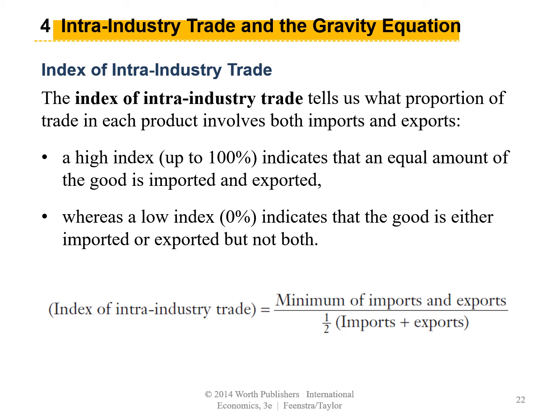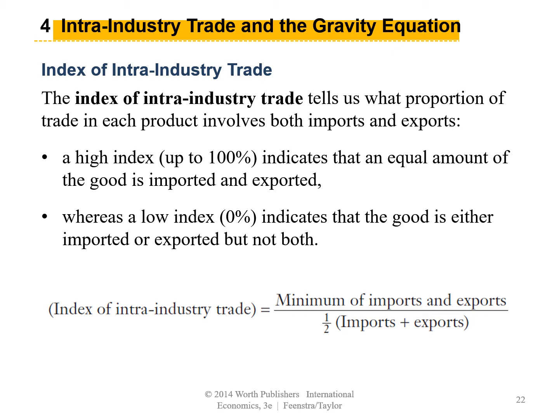So what we have in the numerator is the minimum of imports and exports, and the minimum happened to be exports, 10 million. So the number in the numerator is 10. And the denominator is the average of 110 million, so that's 55.